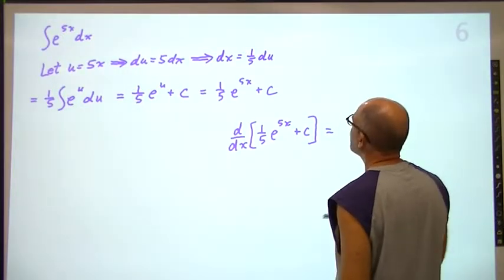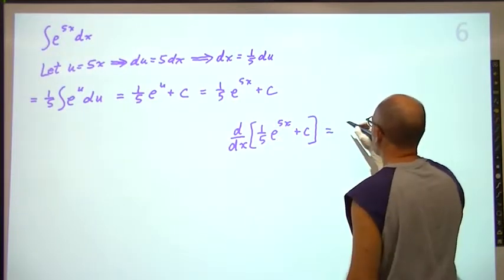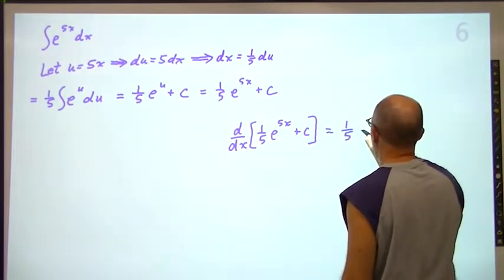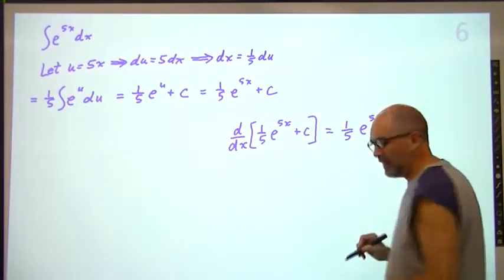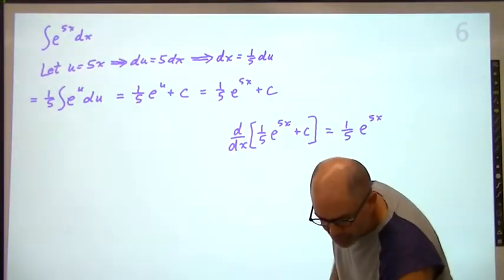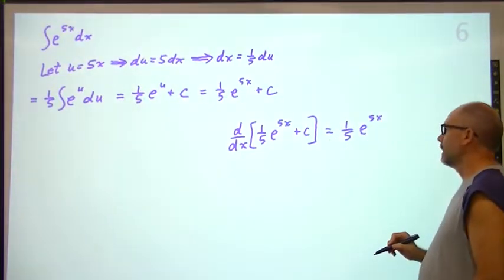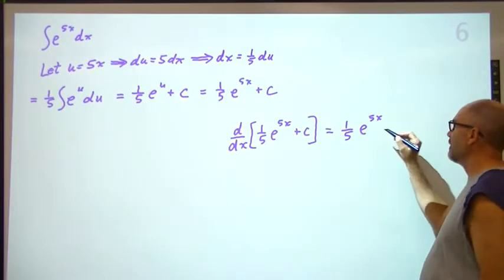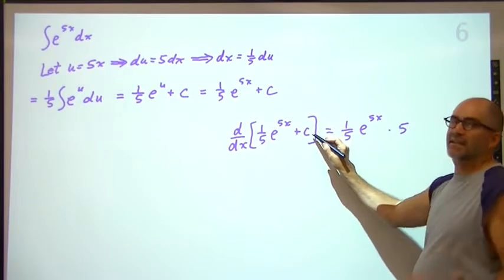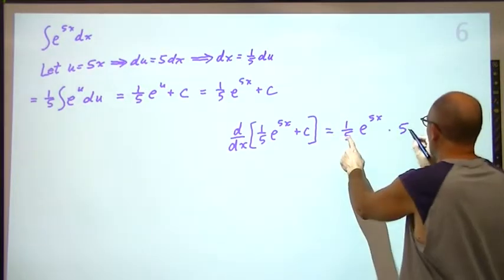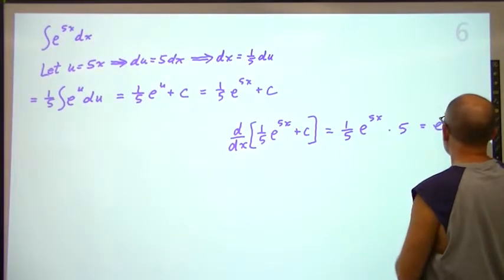Let's just do the derivative. The derivative of e to the 5x is e to the 5x, and then don't forget the chain rule. Derivative of e to the 5x is e to the 5x times 5. And derivative of c is 0. And notice what we have. 1/5 times 5 is 1, so this just becomes e to the 5x.